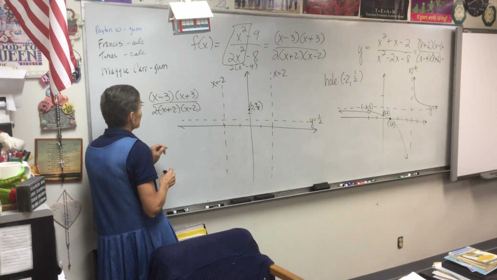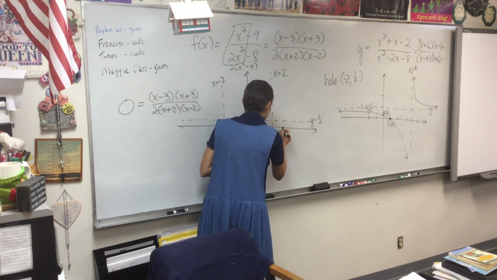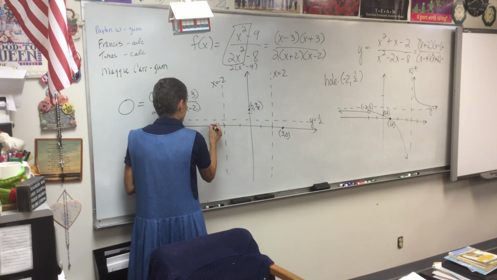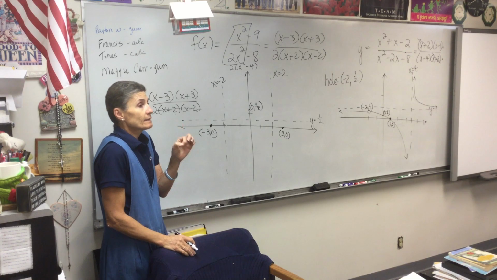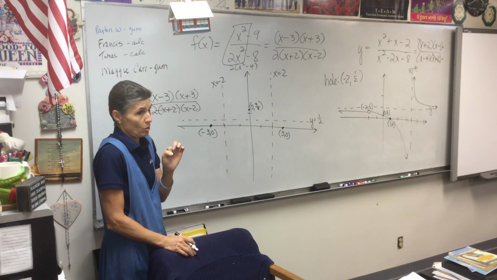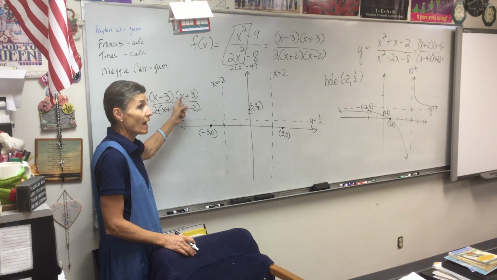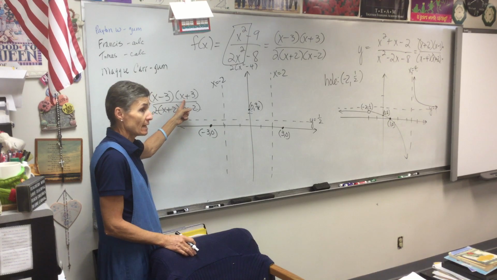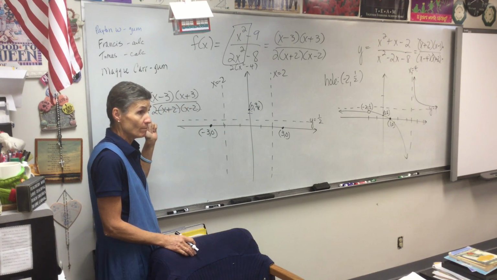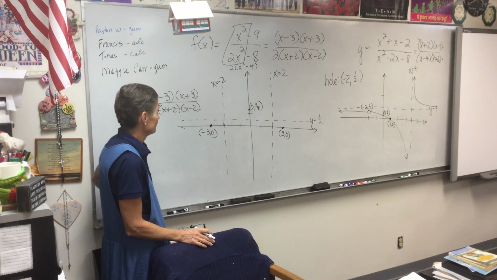I think it'd be 3 and -3. X-intercepts are called zeros, because if you plug in those values, you get 0. If you plug in 3 and -3, won't you get 0? That's why they are called zeros, x-intercepts.